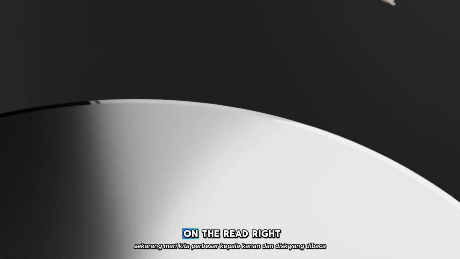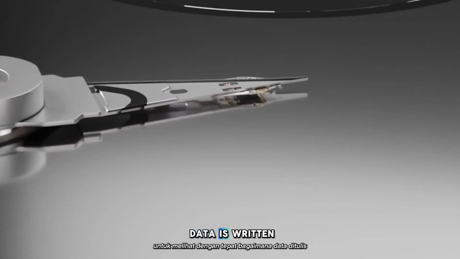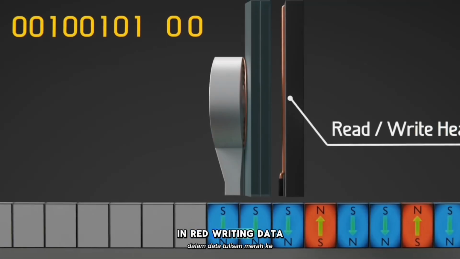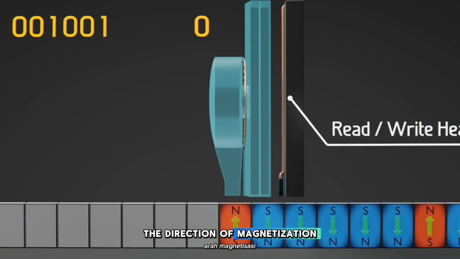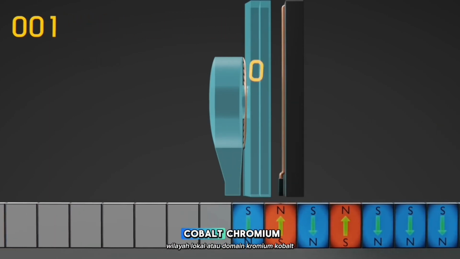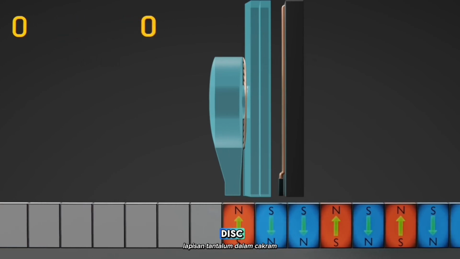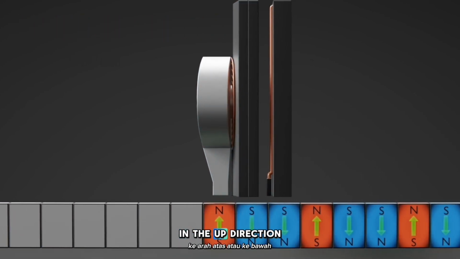Now, let's zoom in on the read-write head and the disk to see exactly how data is written and read. Writing data to the disk is done by manipulating the direction of magnetization of a localized region or domain of the cobalt chromium titanium layer in the disk, and forcing the region to be magnetized in the up direction or the down direction.